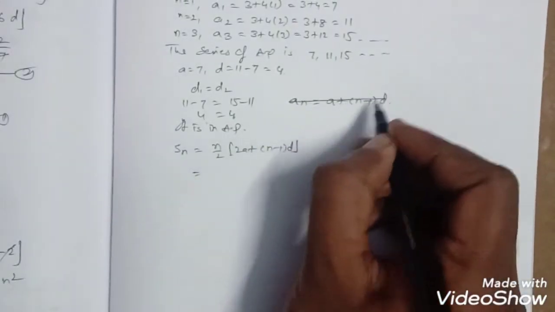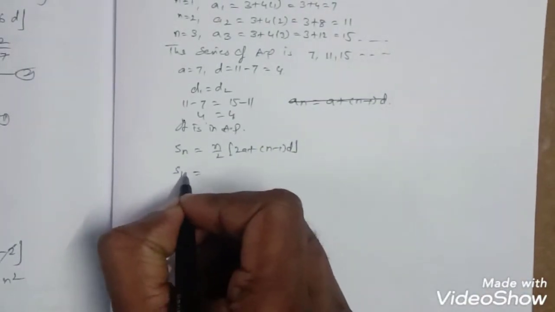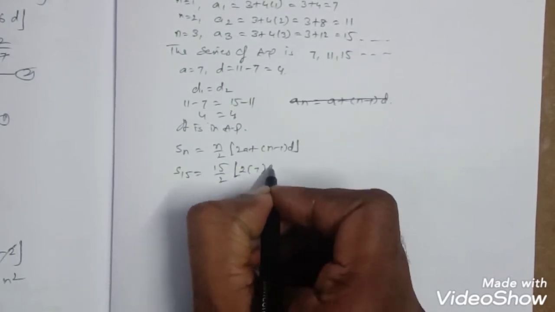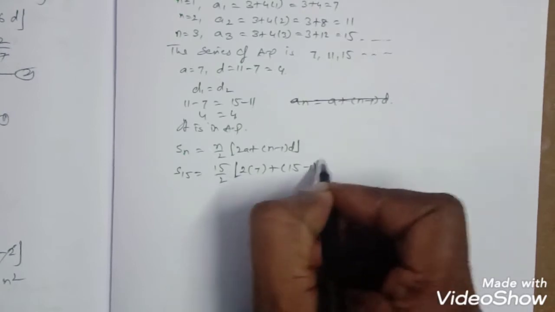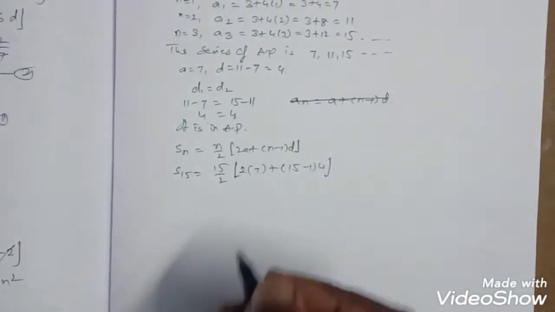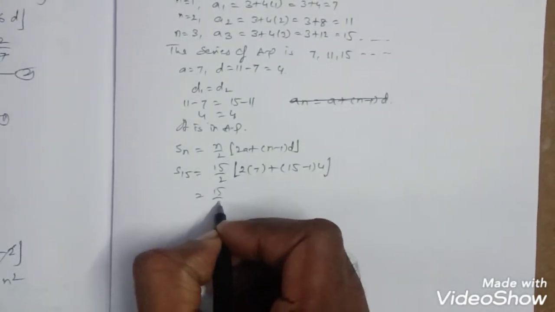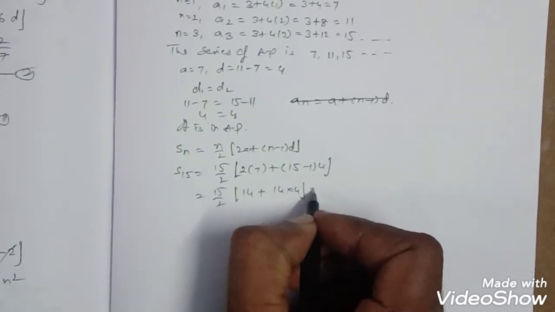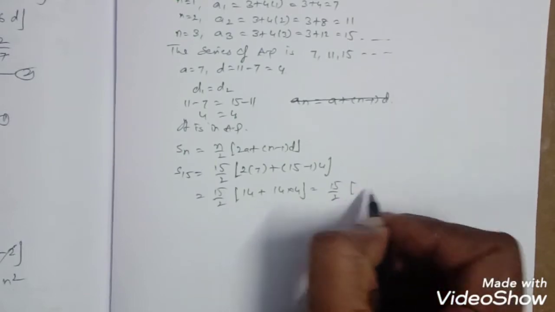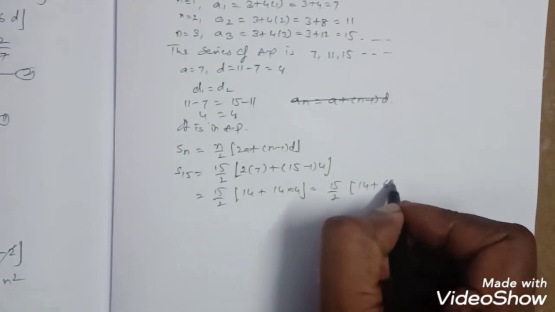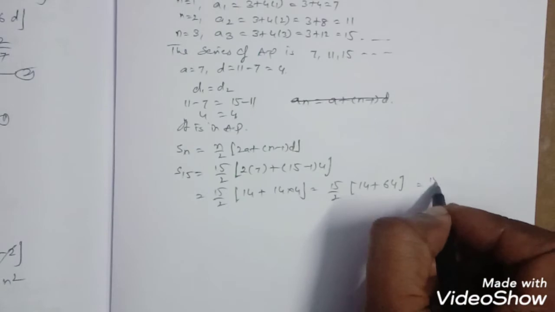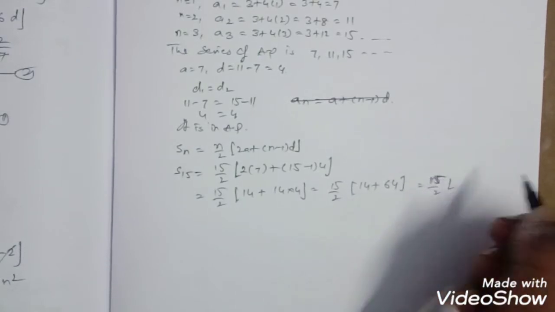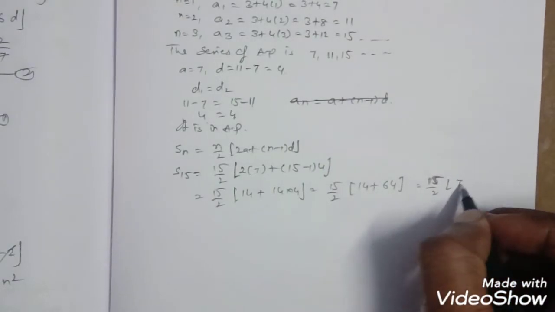So here they have given 15 terms, so S15 is equal to 15 by 2 into 2, the a value is given as 7, plus 15 minus 1 into the d value, which is given as 4. Now here 15 by 2 into 14 plus 14 into 4, so you will get 15 by 2 into 14 plus 56.